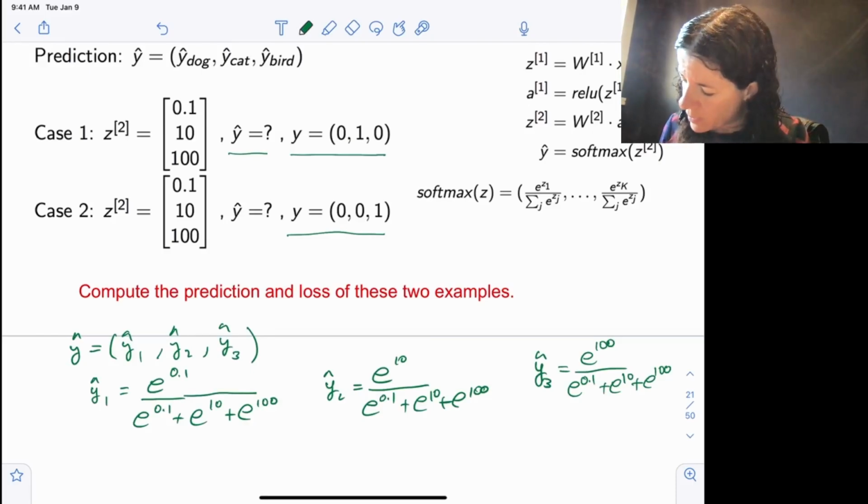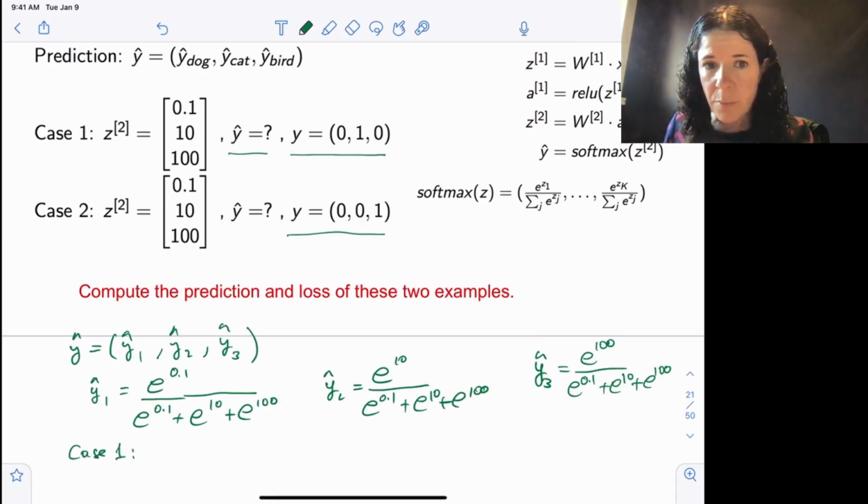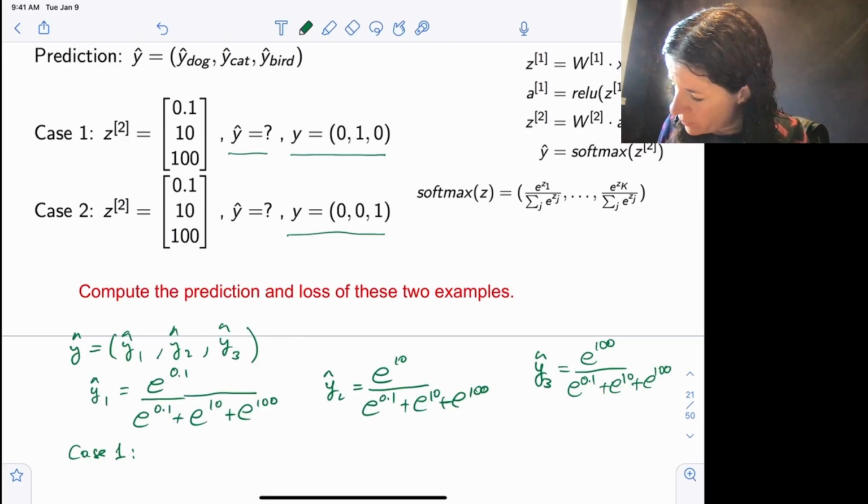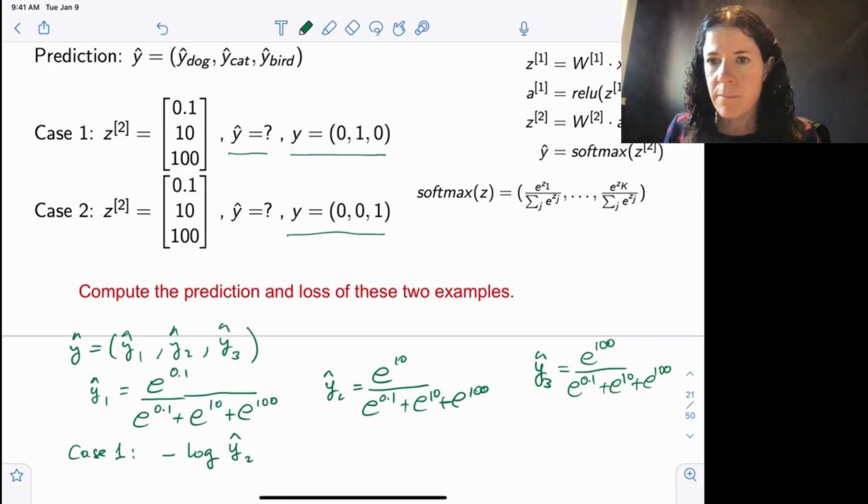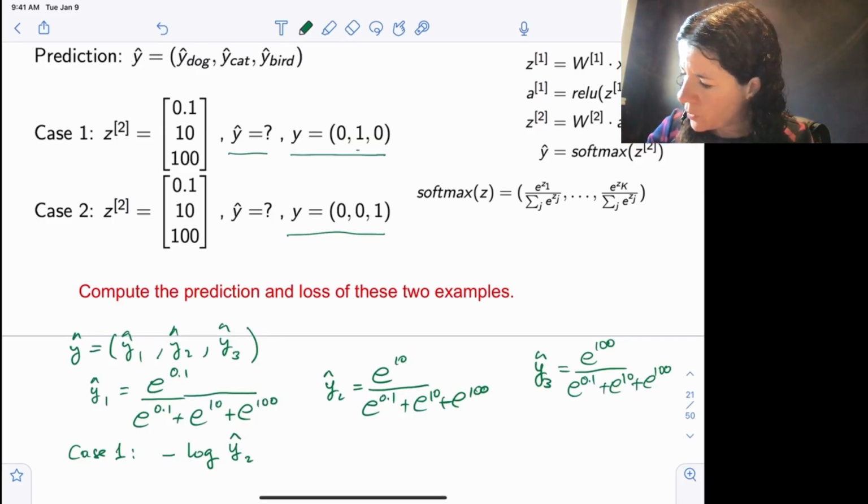And then in case 1, to compute the loss, what we do, and we have talked about this before, is minus log of y2 hat. Why is that? Because that's the one we have in here, right?